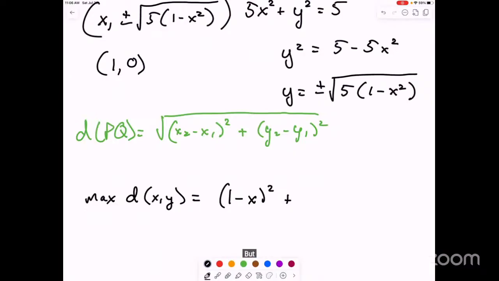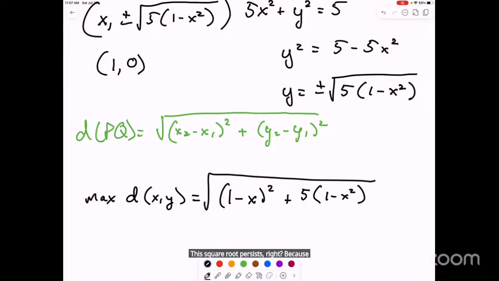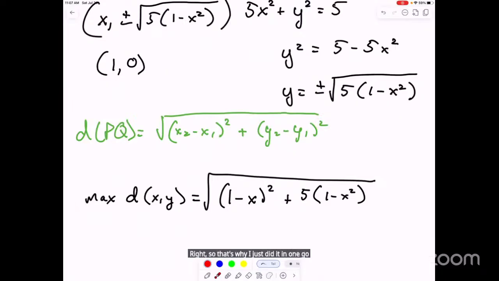But in either case, the square root is gone. We're going to be left with 5 times 1 minus x squared. This outer square root persists, right? Because the square here got rid of the plus and the minus and the inner square root. So that's why I just did it in one go like this, okay?